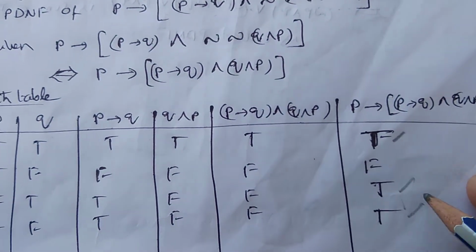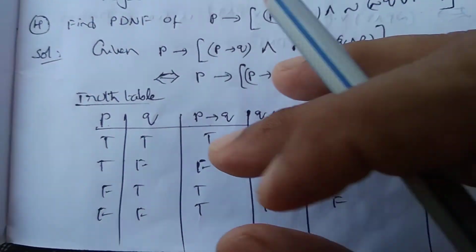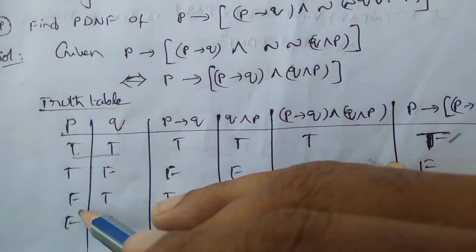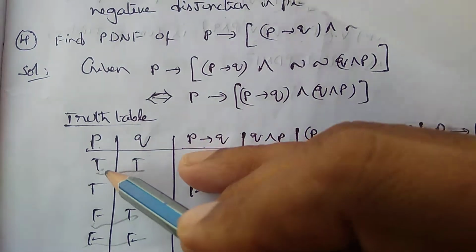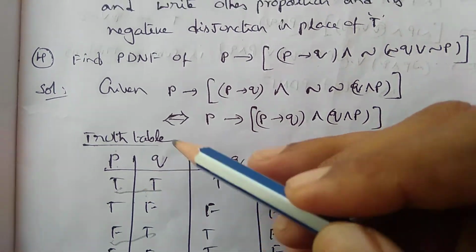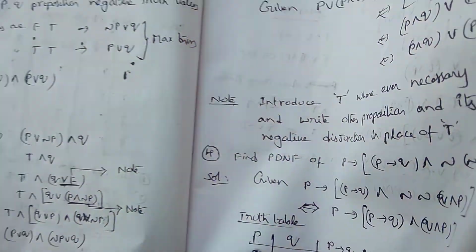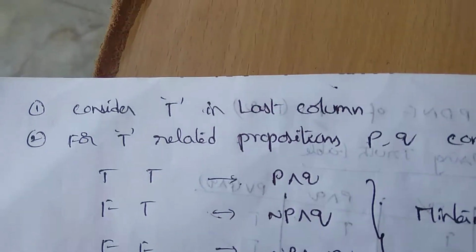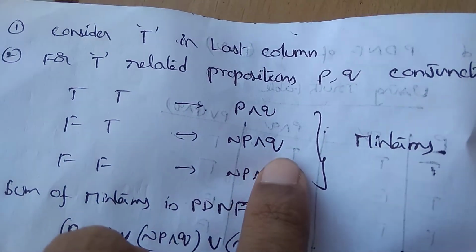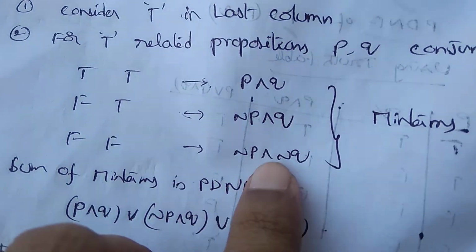Take the true values. For these true values, write the truth values of the propositions with the conjunction symbol. So TT is P and Q, FT is negation P and Q, FF is negation P and negation Q.